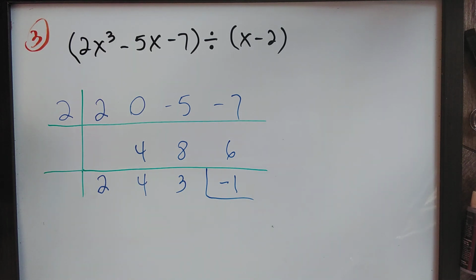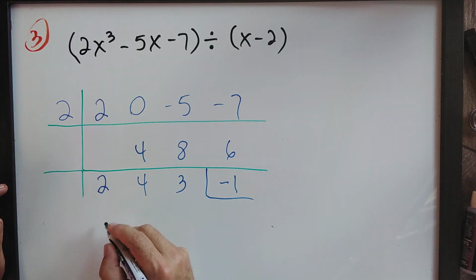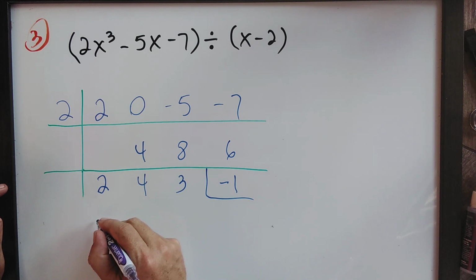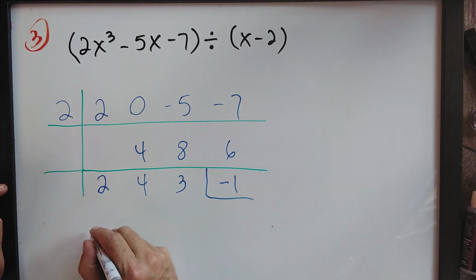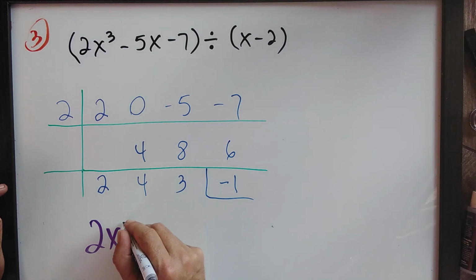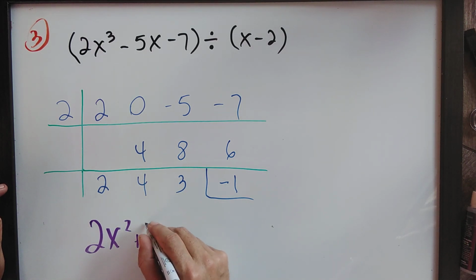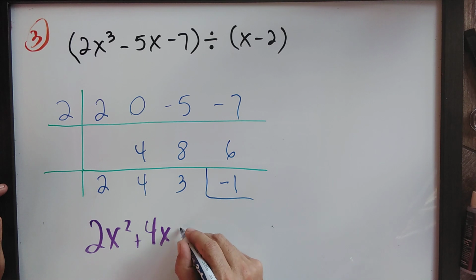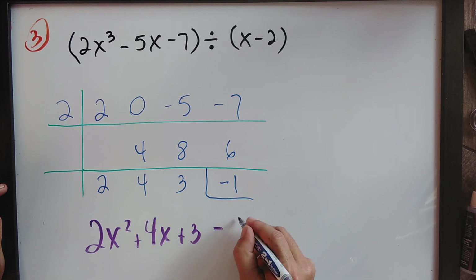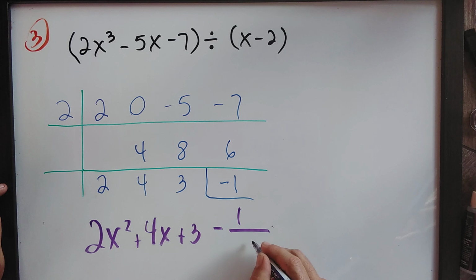So what is the answer? How do you write down the answer? Again, it's just one less than that one, because the highest one is x to the third. So my first term is going to be 1 less, x to the second. That means I'm going to have 2x to the second plus 4x plus 3 minus 1 over my divisor, which is x minus 2 in this case.